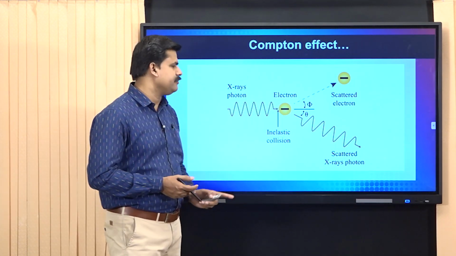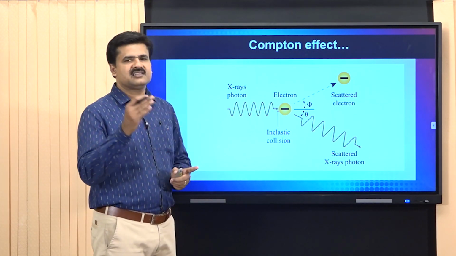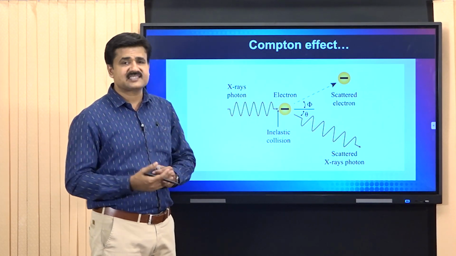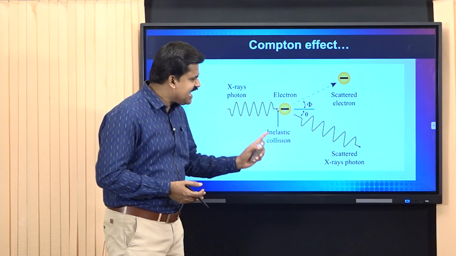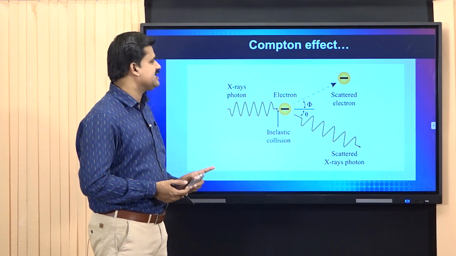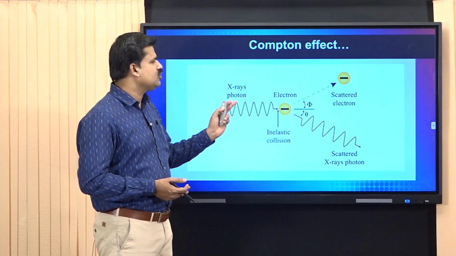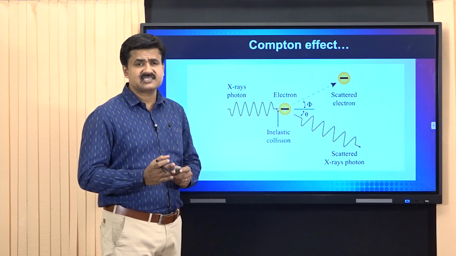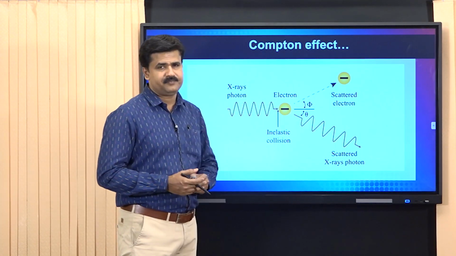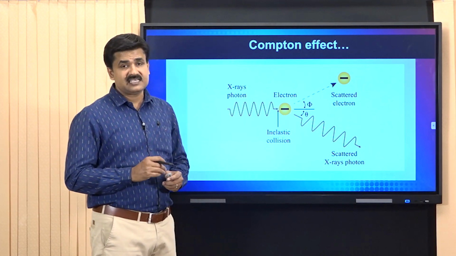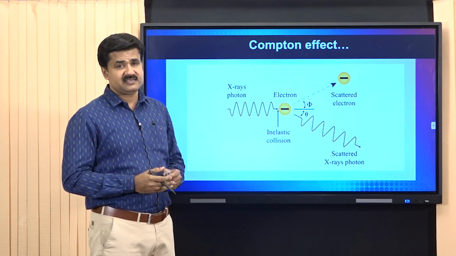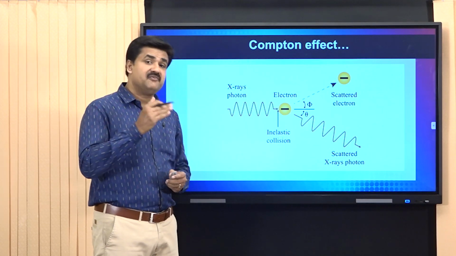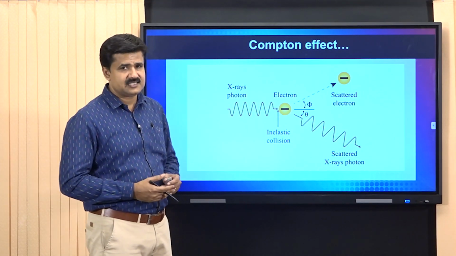At the same time, the photons, the X-rays, are also scattered. The scattered X-rays go through a certain angle, and that angle is marked as the scattering angle theta. The scattering angle theta is an important parameter as far as the wavelength shift is concerned.